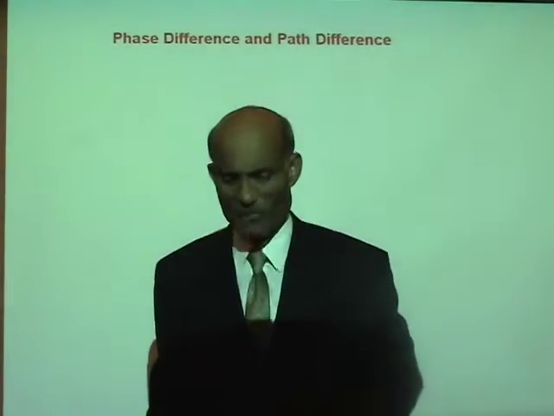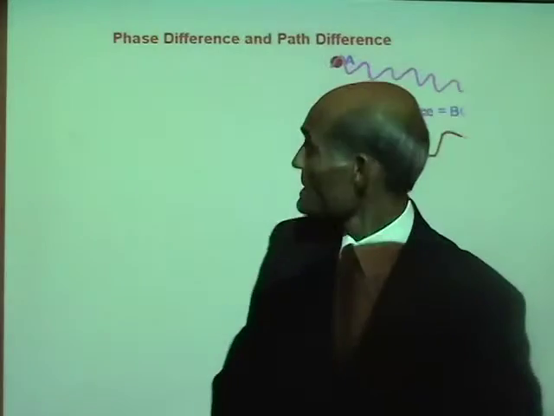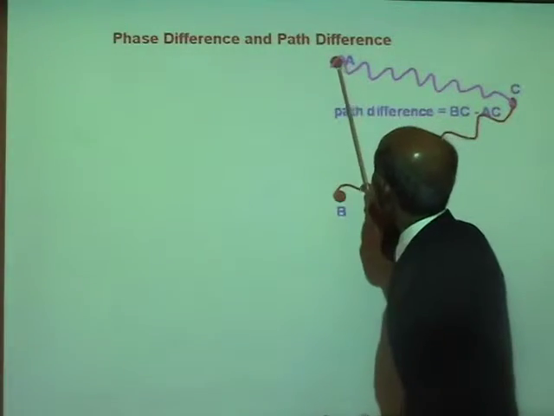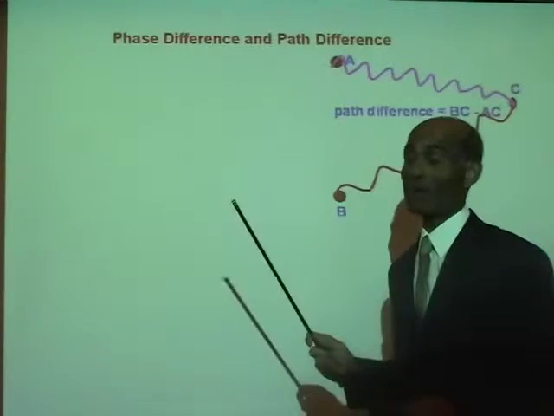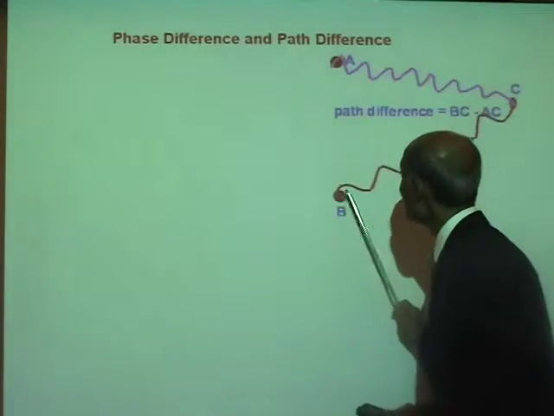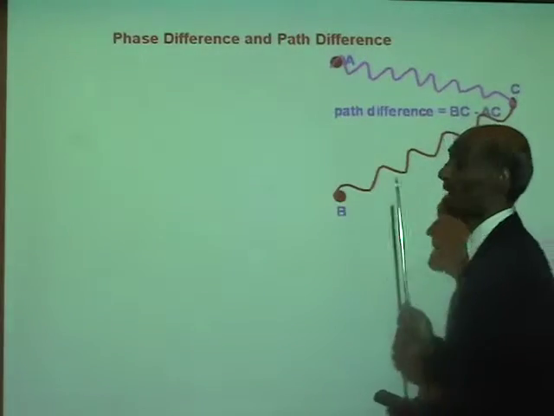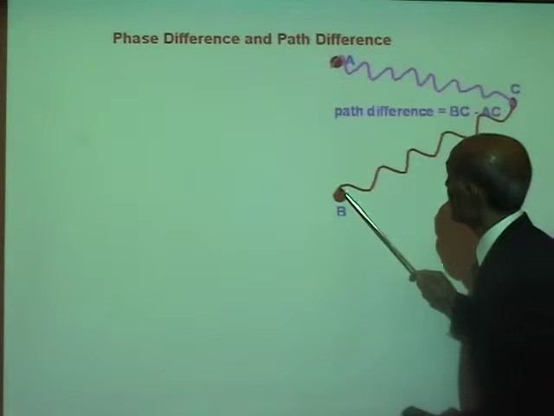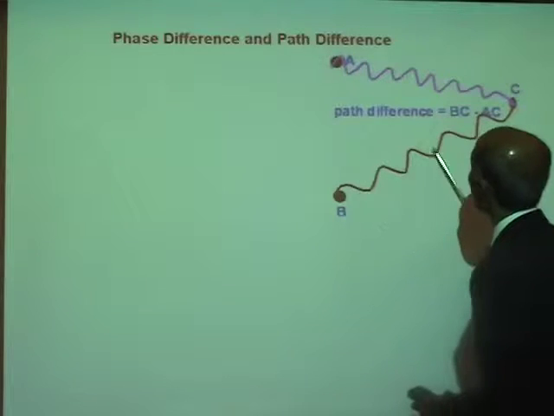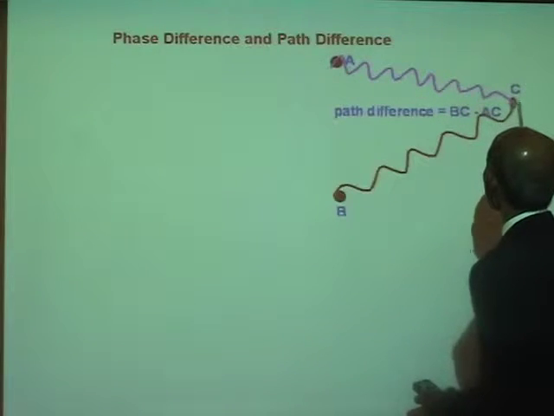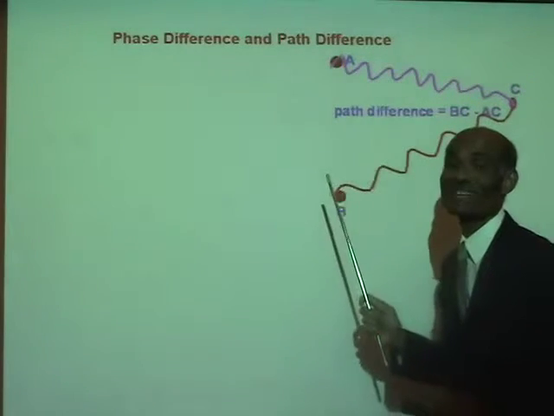Okay, so phase difference and path difference. What is the path difference? I think we need to construct that concept now. Let's now talk about this. Suppose these are waves coming from loudspeaker 1, and here is loudspeaker 2, and you are sitting here. You see? Waves coming from loudspeaker 1 and waves coming from loudspeaker 2 reach point C where you are sitting.